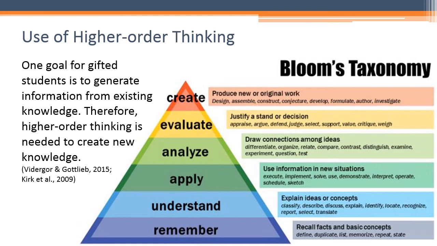Now, one goal for gifted students is to generate information from existing knowledge, and therefore, higher order thinking is needed to create new knowledge. So, one challenge for them is to create something, okay, from what is existing. In fact, as you can see here in the pyramid, creating is the highest form of thinking.